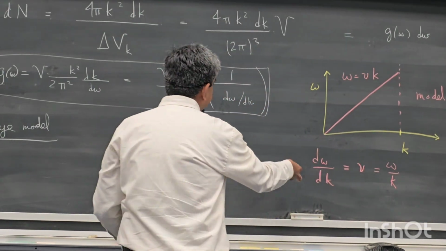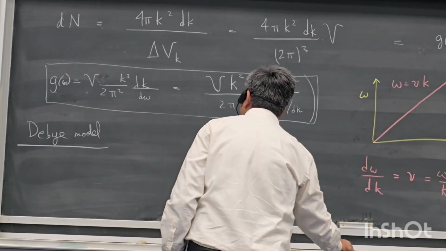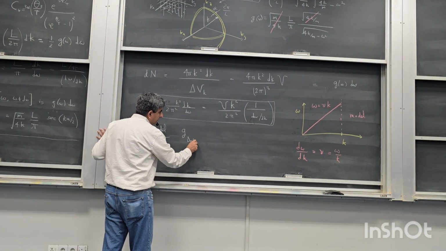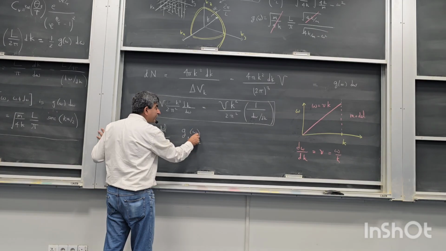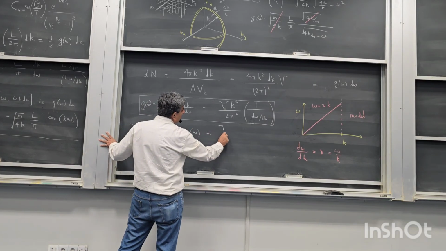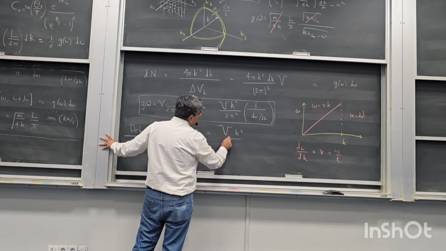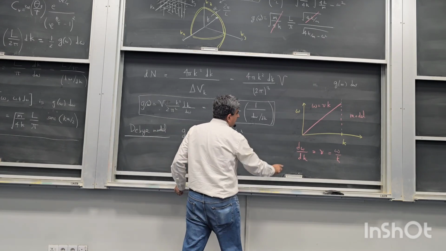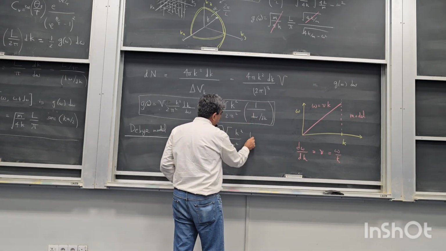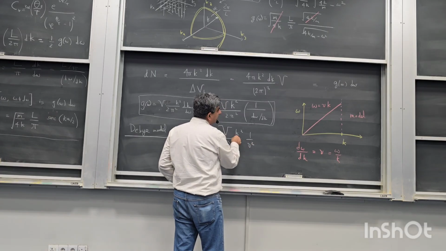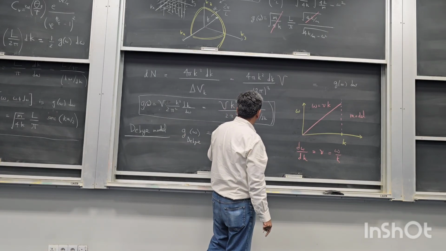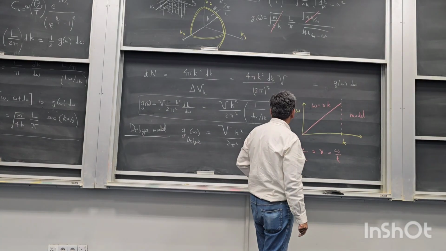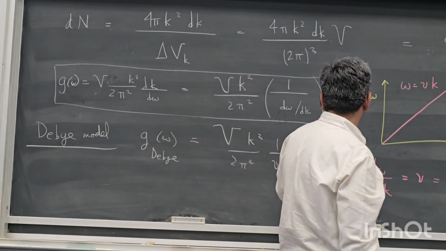So if we insert this d omega over dk in here, in the Debye model, so now I'm using the Debye model density of states to try to describe my solid. This is the volume of the solid, k square over 2 pi square. This will become v, so 1 over v square. Now k square is really omega square over v square.